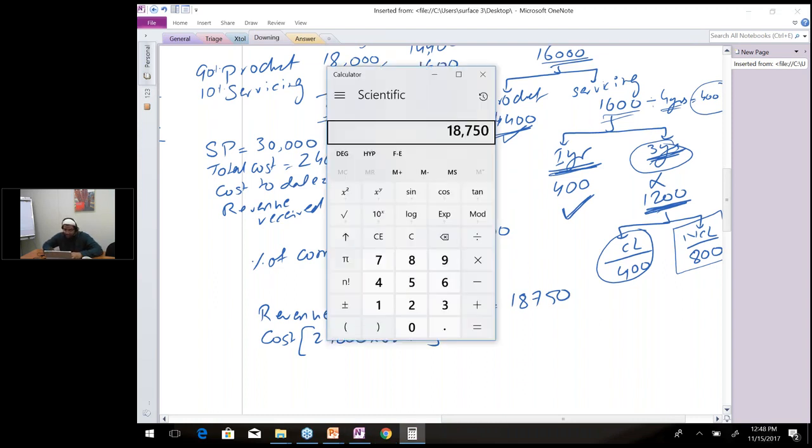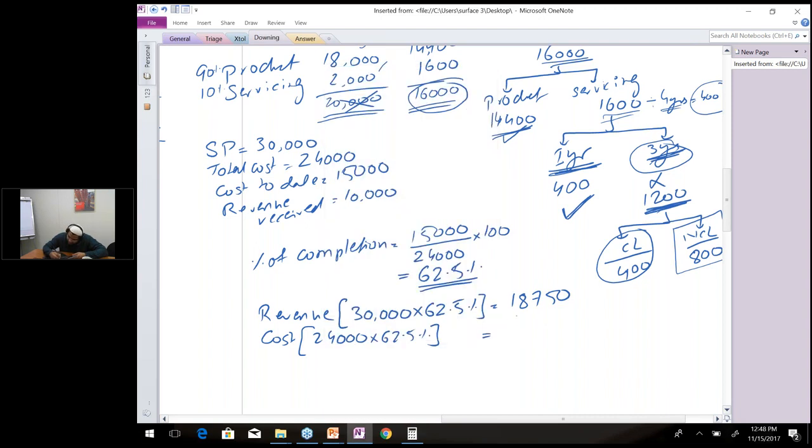And the cost is going to be 24,000 into 62.5 divided by 100, which is back to 15,000. So the profit is going to be 3,750. This is the amount of profit that should be recorded. So in adjustment number 2, we are going to record the revenue of 18,750, cost of sales of 15,000, and the profit of 3,750.